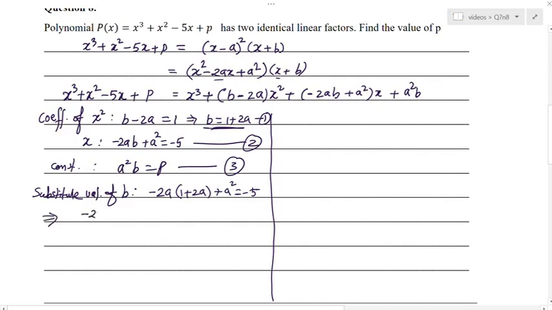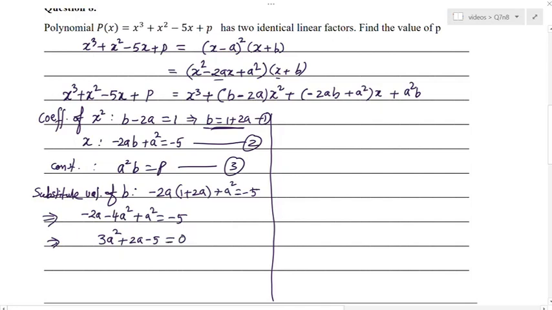That gives you minus 2a minus 4a squared plus a squared equals minus 5. That gives you a quadratic equation, 3a squared plus 2a minus 5 equals 0.